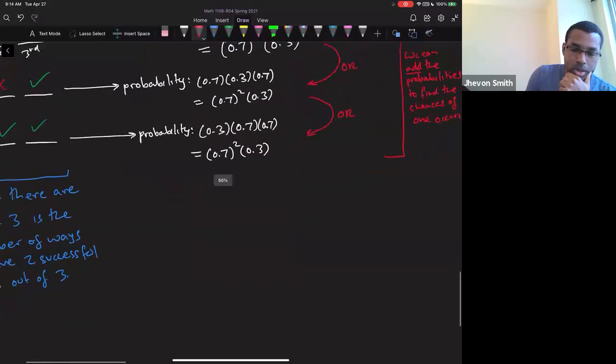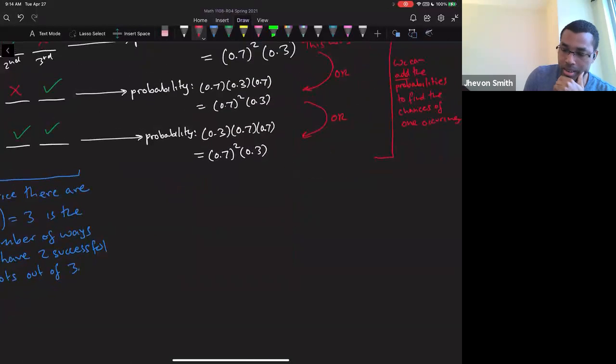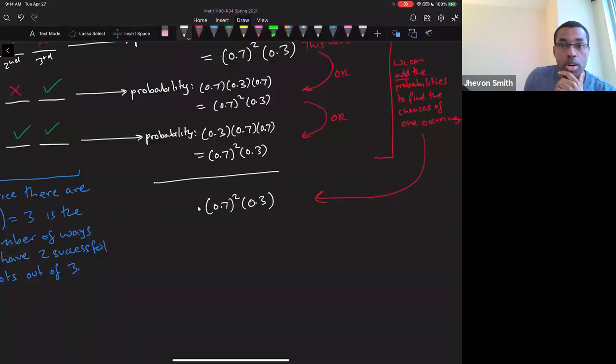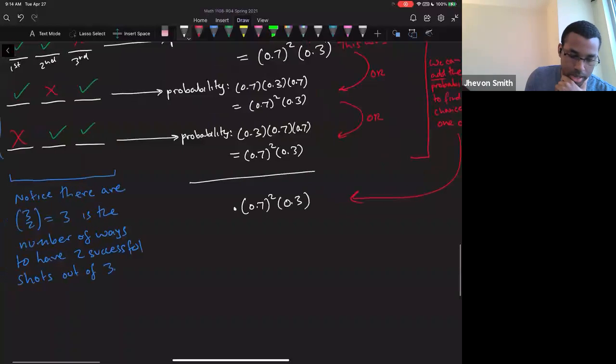Now, what I do want you to notice is that we're adding the same thing. So if you add these, you would get 0.7 squared times 0.3, but you're going to add it a certain number of times. Namely, you're going to add it to itself 3 choose 2 times.